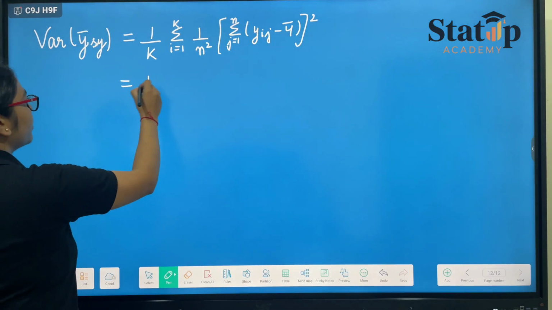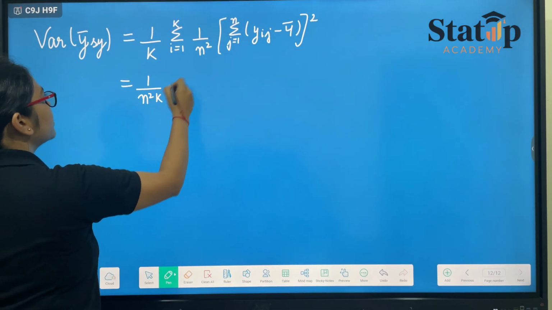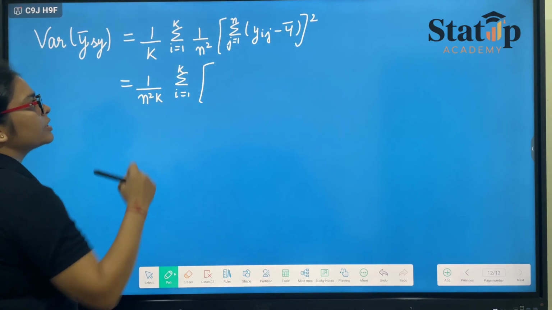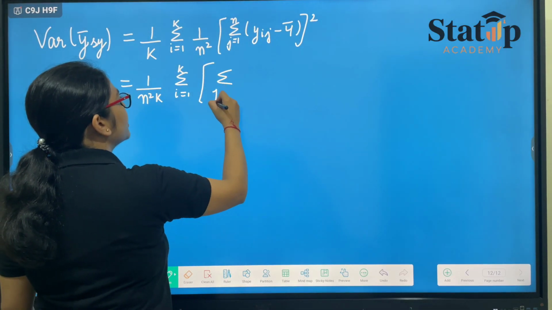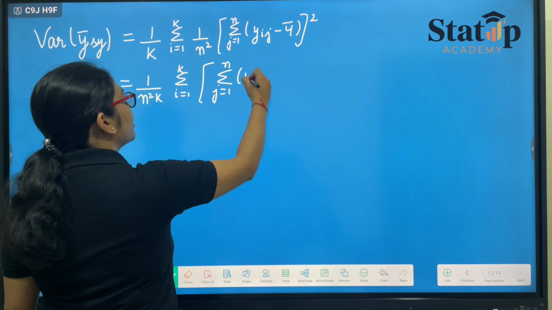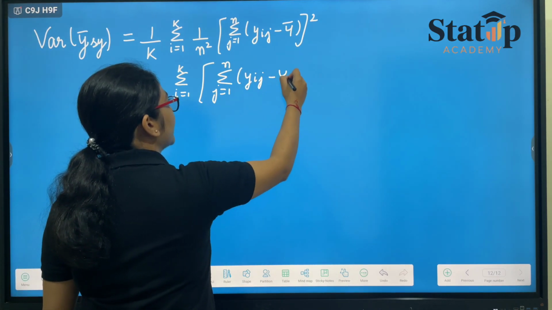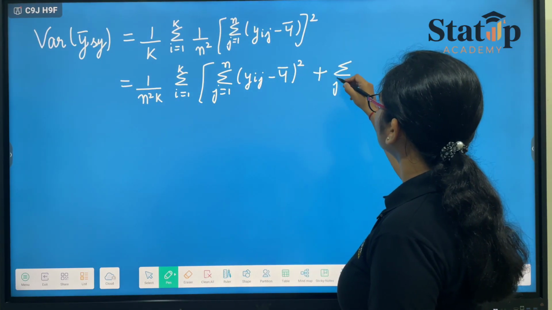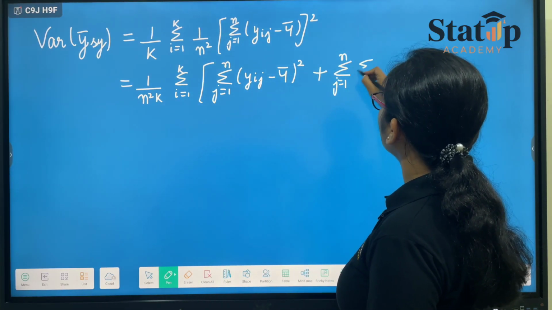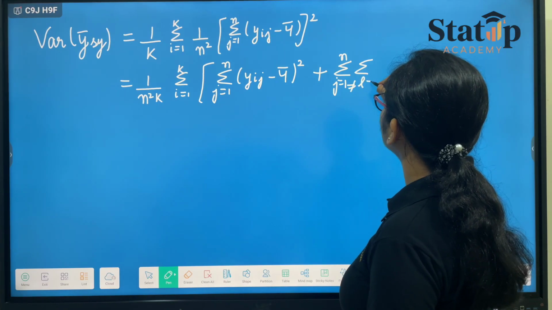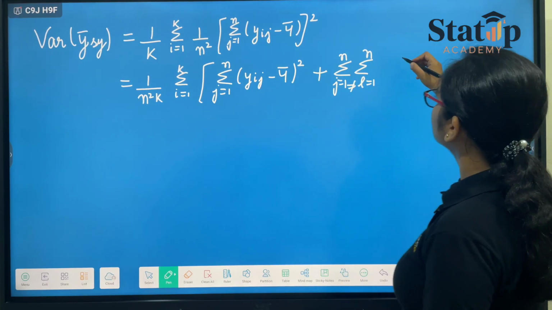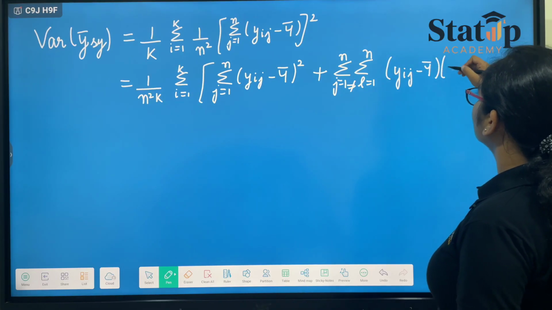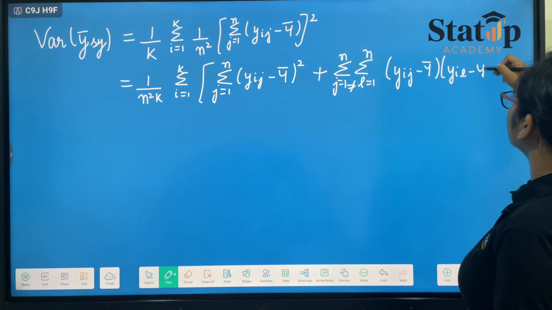So this will be 1 upon n square k, summation i goes from 1 to k. If we open this bracket, we are left with summation j goes from 1 to n, (yij minus y bar) whole square plus summation j not equal to l goes from 1 to n, (yij minus y bar) into (yil minus y bar).